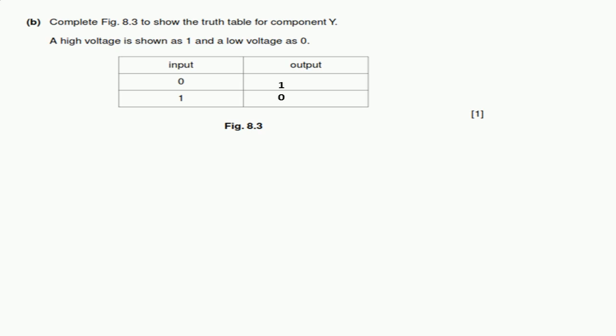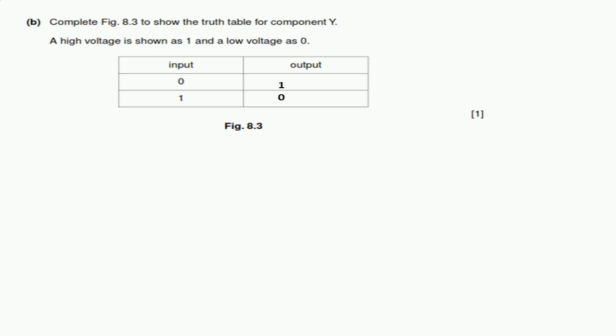Reverse gate means if the input is on, the output signal will be off. If the input voltage is 1, then the output voltage will be 0. And similarly, if the input voltage is 0, meaning off, then the output voltage will be 1, meaning on.